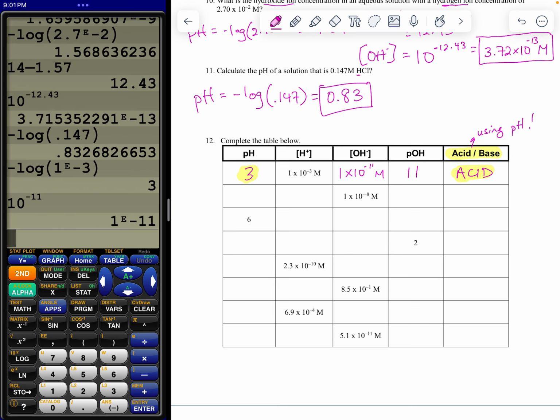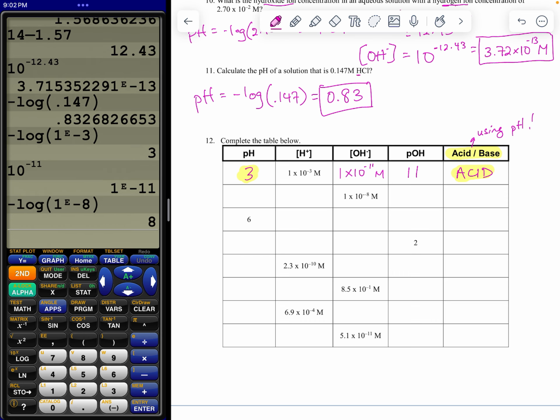So over here, we're given the concentration of OH, so why not find pOH, which is just the negative log of that. 1 times 10 to the negative 8, and we get 8, which means that the pH is going to be 6.